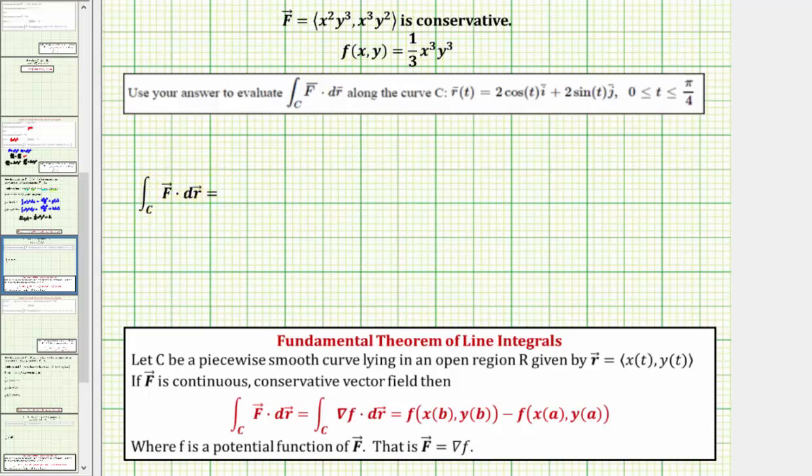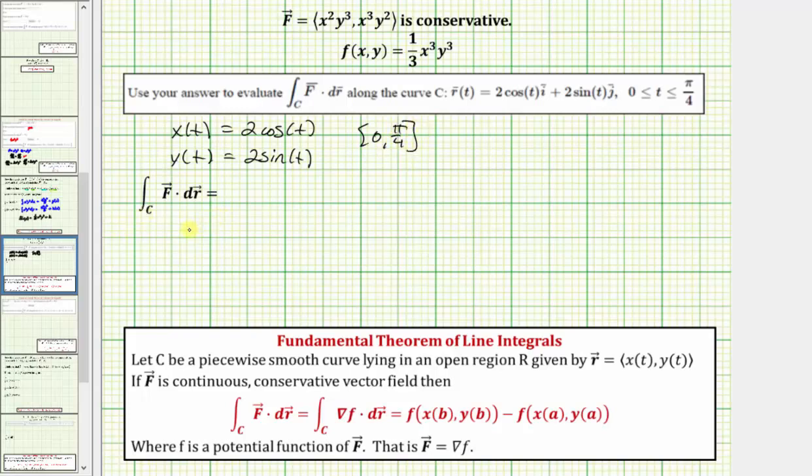Before we do this though, notice how the curve is given by the vector function r of t, where x of t is equal to 2 cosine t, and y of t is equal to 2 sine t, and t is on the closed interval from 0 to pi over 4.